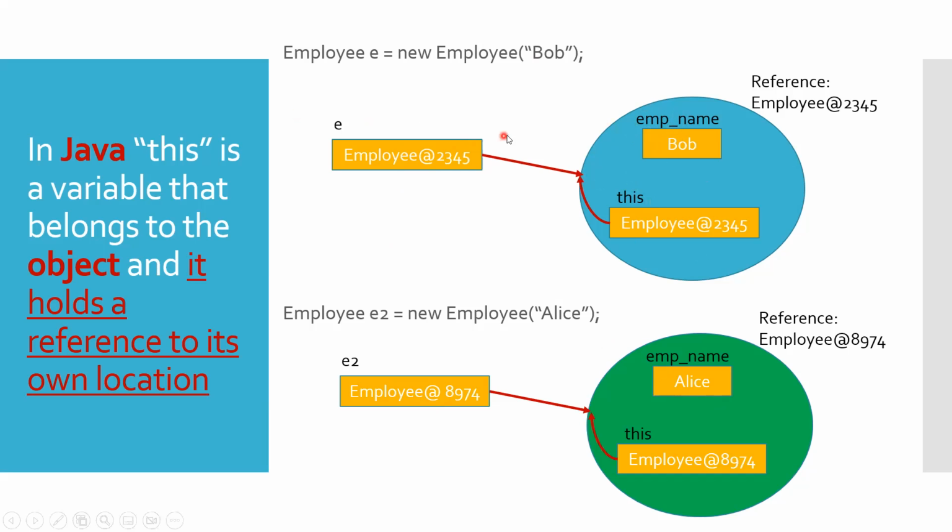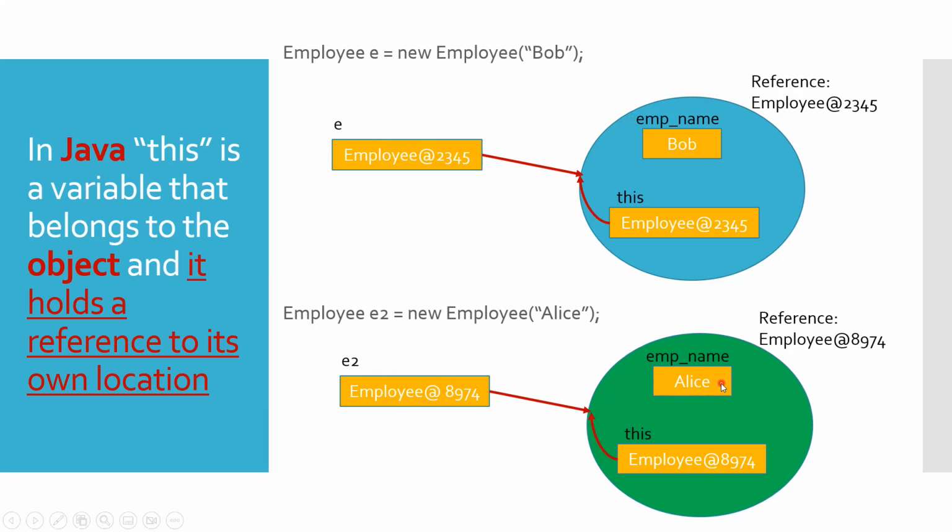So when we see e.empName, it knows that this is the empName under the reference stored in e. When we say e2.empName, e2 has a pointer to that location, so we are talking about the empName here.